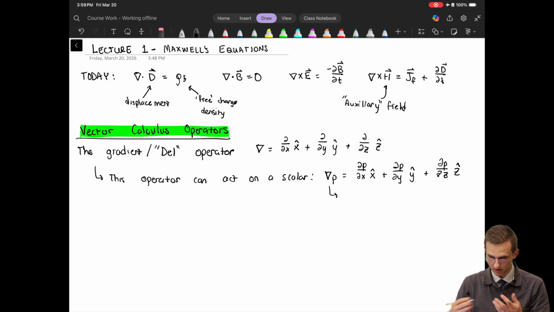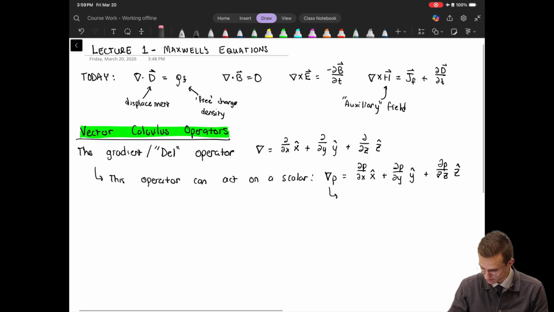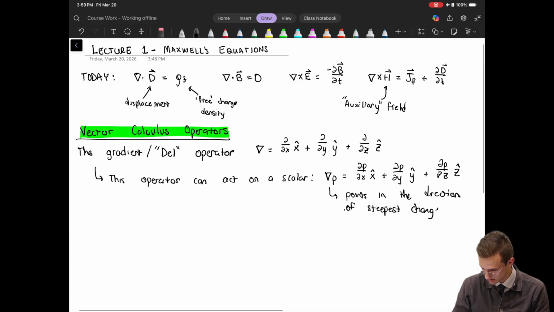Broadly speaking, the entire gradient vector itself points in the direction of steepest change of p in R3. So it points in the direction of steepest change in the pressure, say, in this case, in R3, okay?